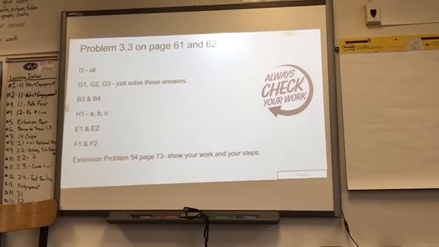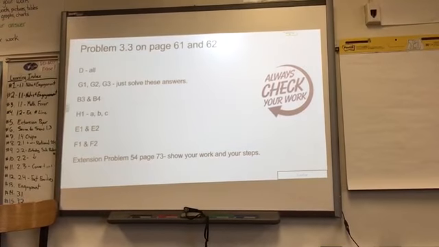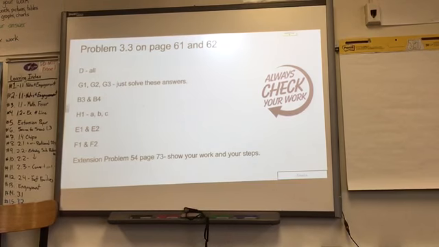This and this. Way different when you see how much easier it is when you see the inverses, right?